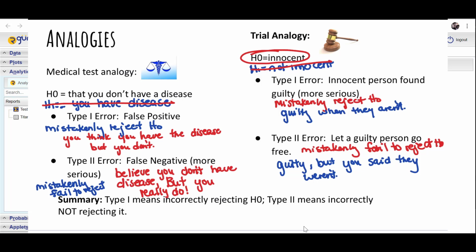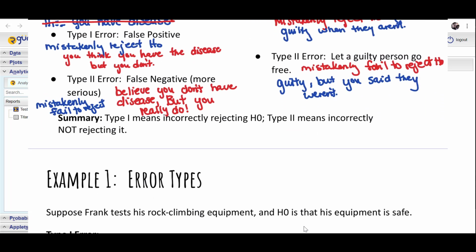We failed to reject the null. All right. So a type 1 error means incorrectly rejecting the null, and a type 2 means incorrectly failing to reject the null.